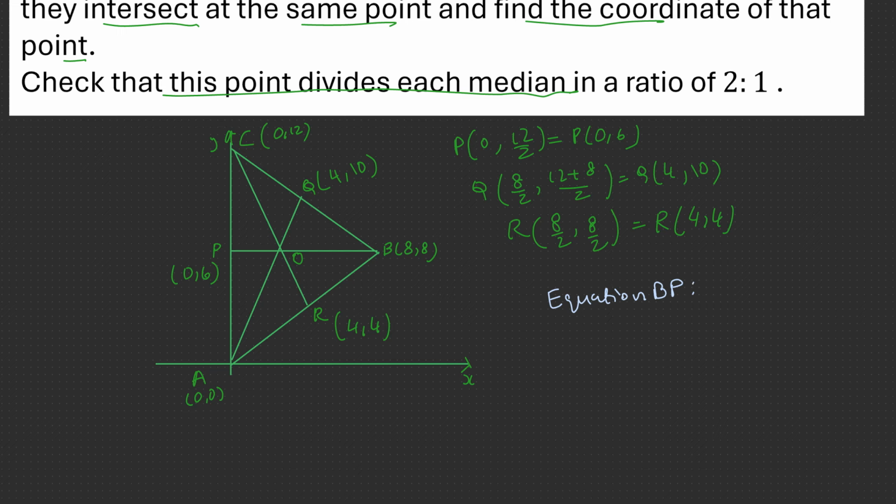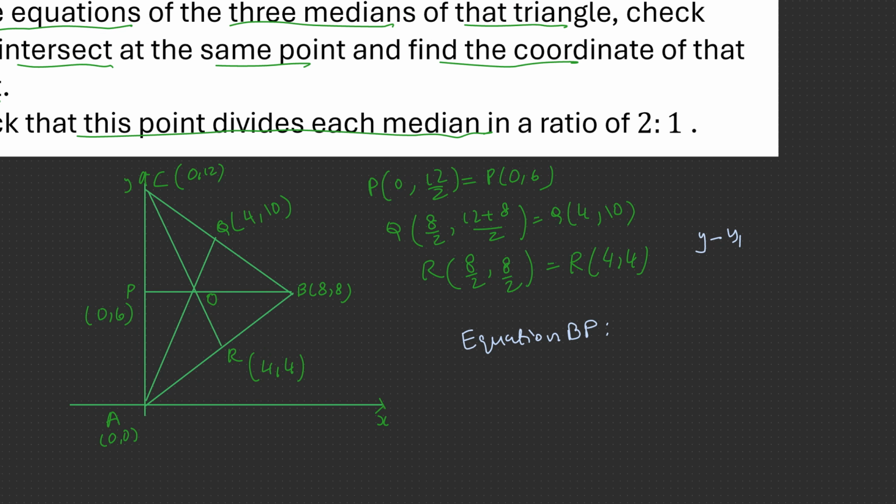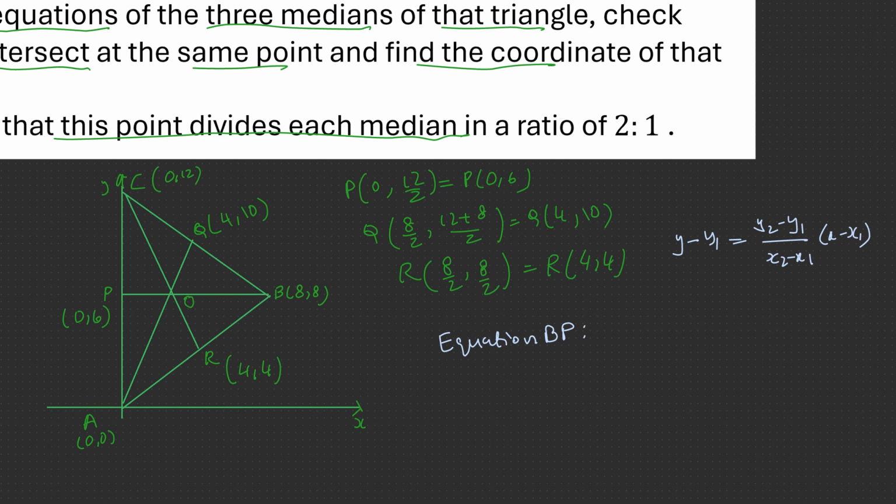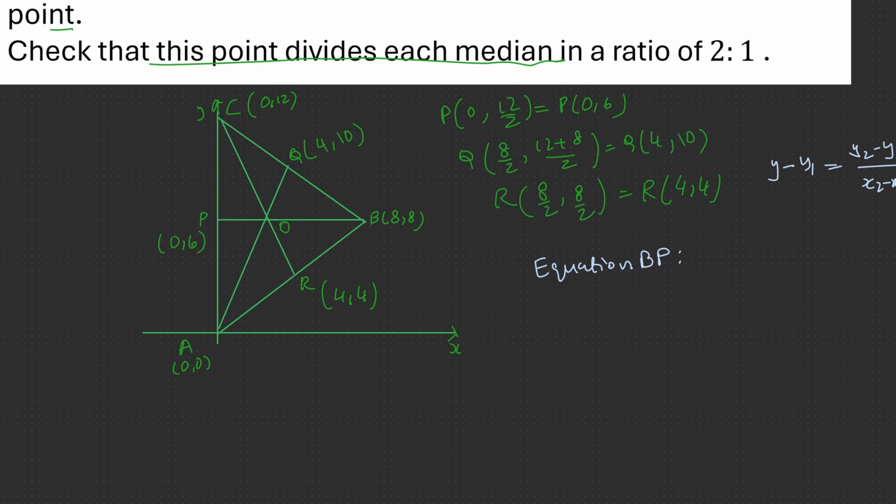We will use the format y minus y1 equals y2 minus y1 over x2 minus x1 times x minus x1.